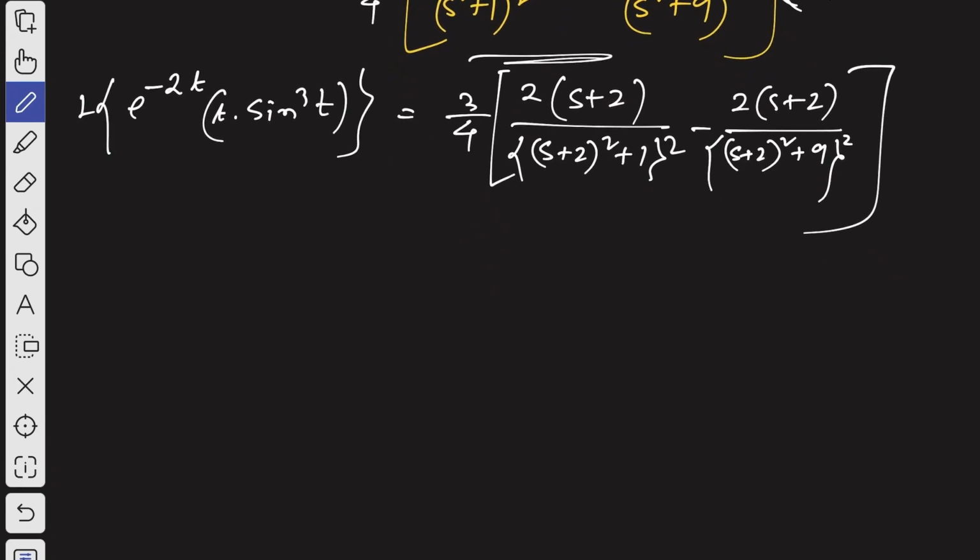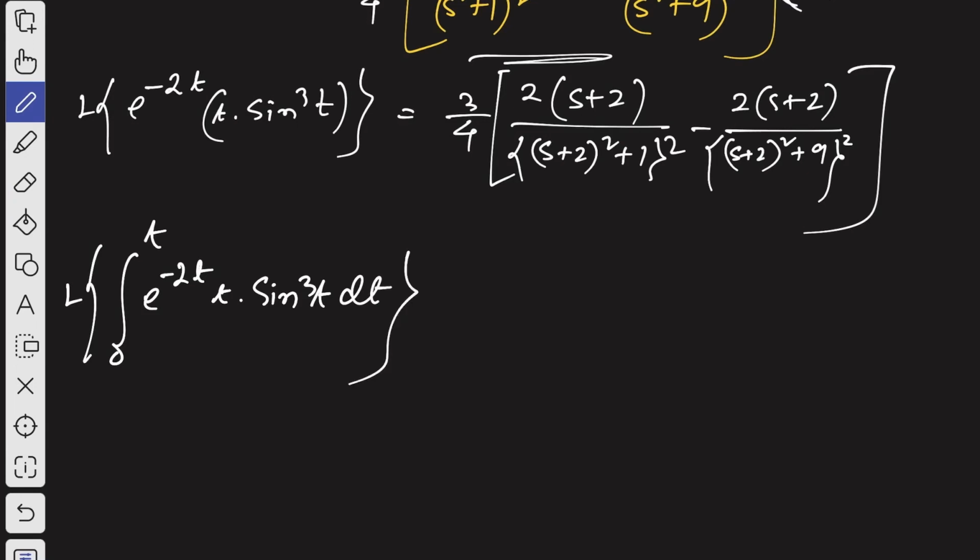Now we are going to find the integral. So Laplace transformation of integration 0 to t e to the power minus 2t t dot sine cube t dt. Here we are going to consider this whole thing as f of t, so this is Laplace transformation of f of t, that is, capital F of s. We can assume that way.